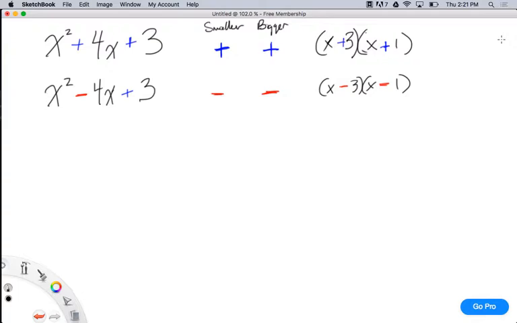Okay? Does that make sense? Okay, so if it's positive, positive, they're both positive. If it's negative, positive, they're both negative. Okay? What about if I have x squared plus 4x minus 5?